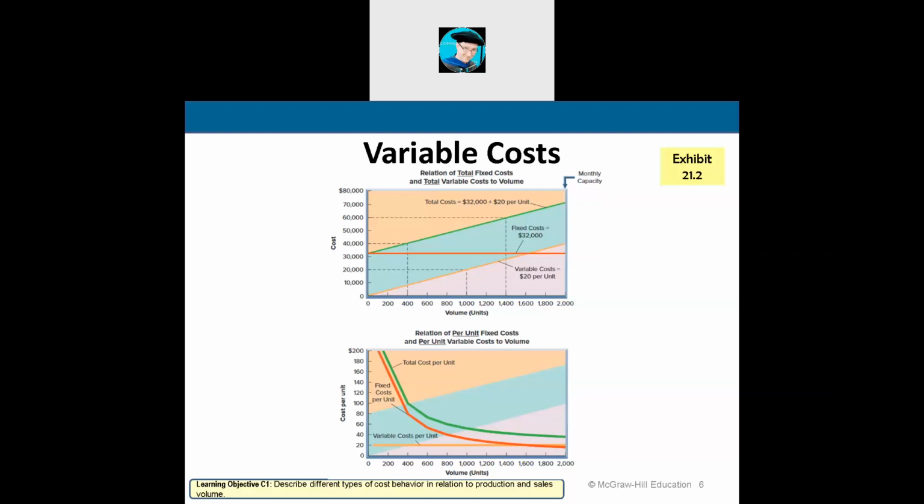So that's why it's important to understand that relationship between the variable cost and fixed cost, because they represent the total cost as a whole and the total cost per unit.